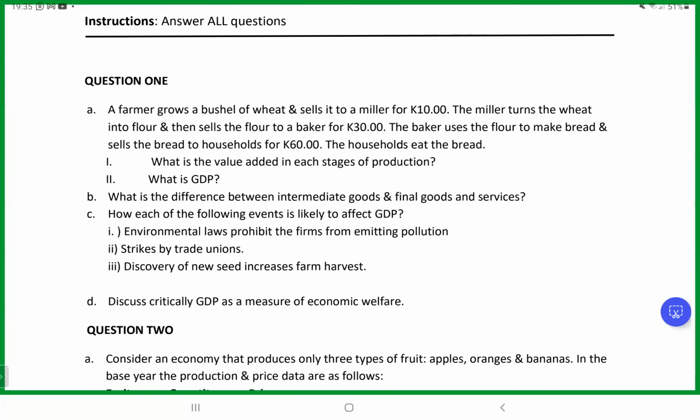What does the class understand, or what does the class know about the difference? Hello? Hey, have I been logged out?